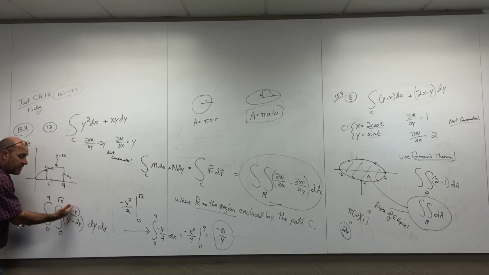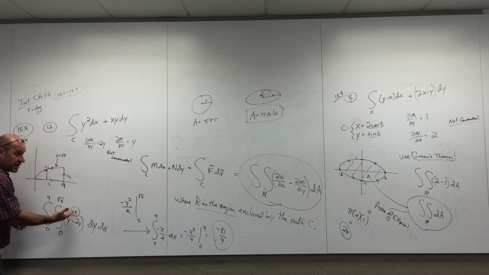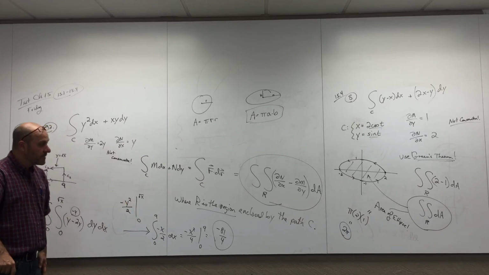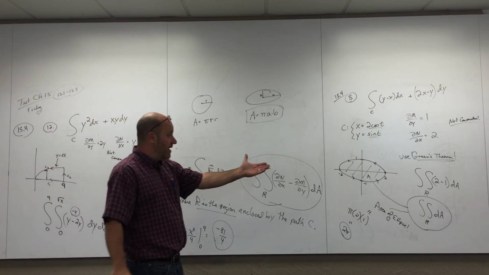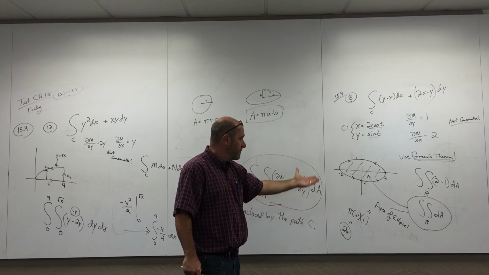If that function would have been a 1, we could have called it the area. But because there were some variables here, some functions here, this was not area, and we had to really do it. But this was the area of an ellipse, and I'm glad I memorized the formula. So I'm done with this problem.